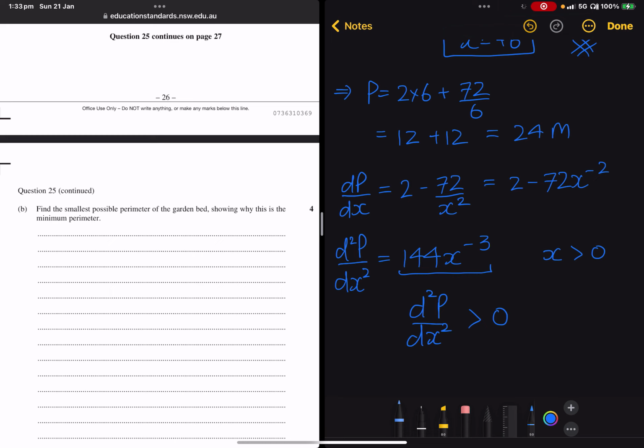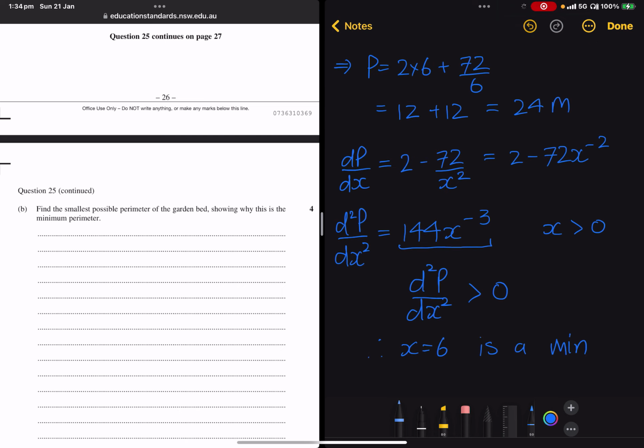Greater than 0 if x is greater than 0; it could be equal to 0 in the case where x is 0 if it didn't have a negative power, but x is always positive, so this is always positive. Therefore, x equals 6 is a min value, and therefore p equals 24 is a minimum perimeter.